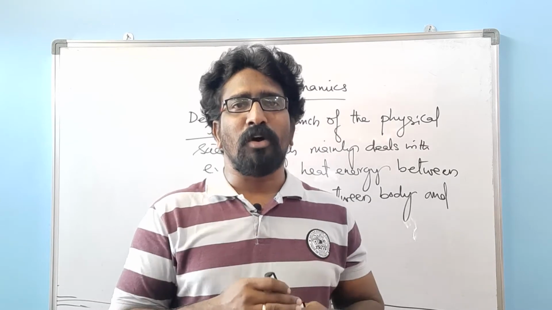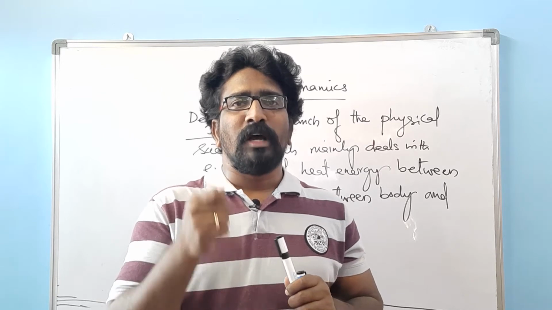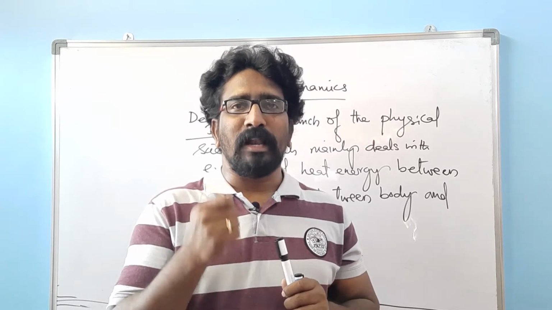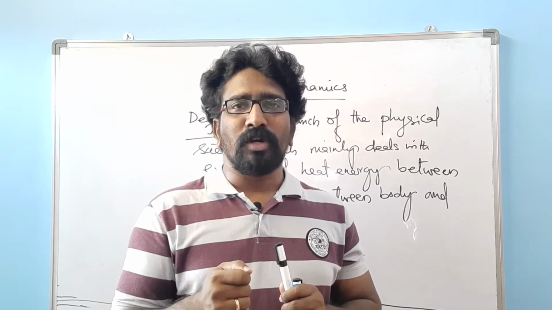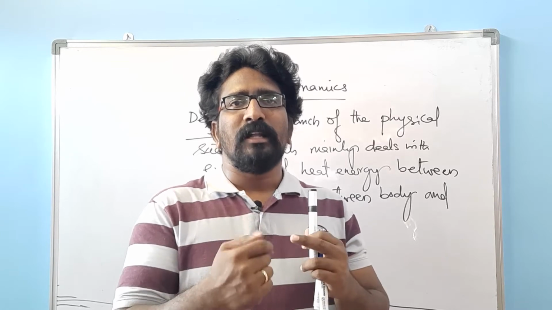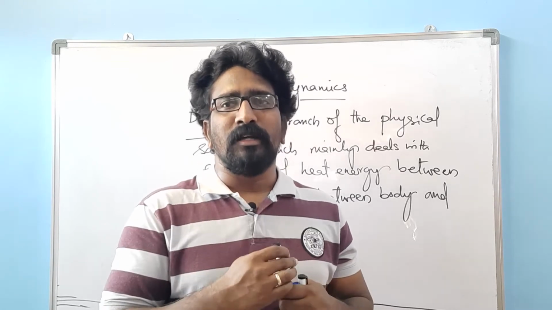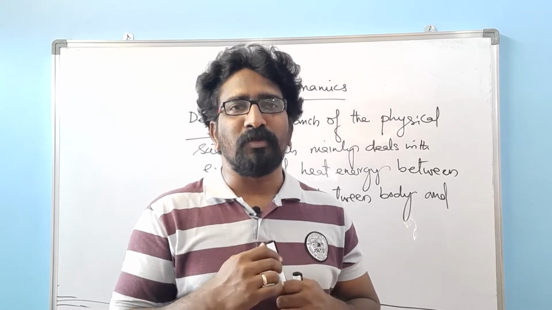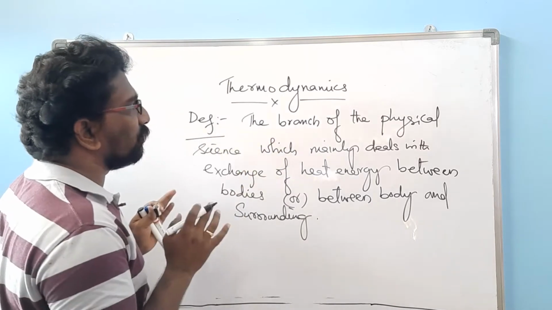If I have one hot vessel, and I put a lid upon the hot vessel, what happens? Within no time, even the lid of that vessel will become hot. So here the exchange of heat energy is taking place from the vessel to the lid. That is called an exchange of heat energy between two different bodies, and this is a definition of thermodynamics.